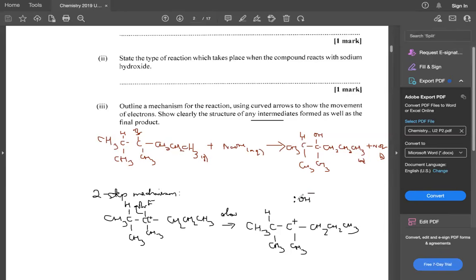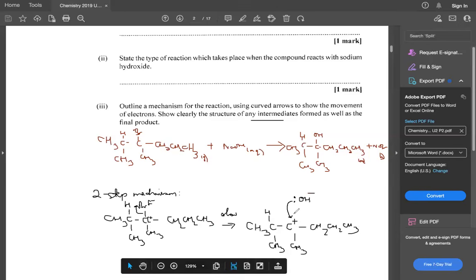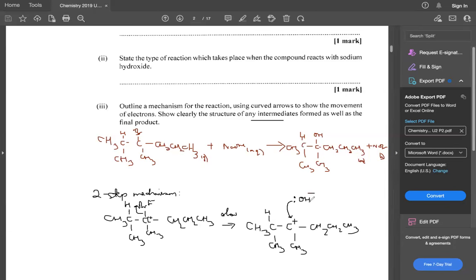So a lone pair on the oxygen is going to be donated to the carbocation here. That's how we form a new bond and introduce that hydroxyl group.